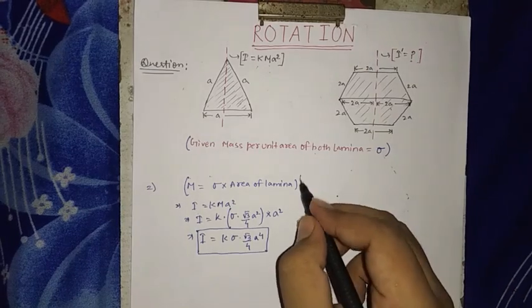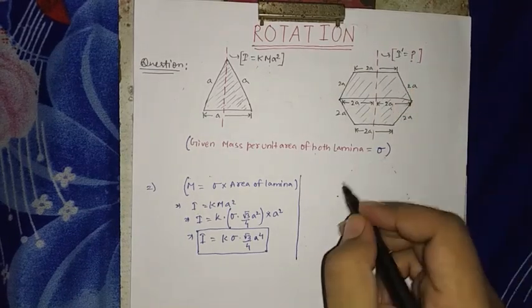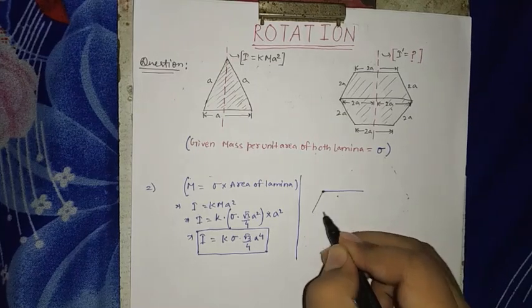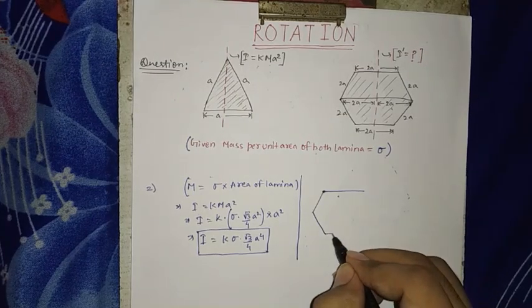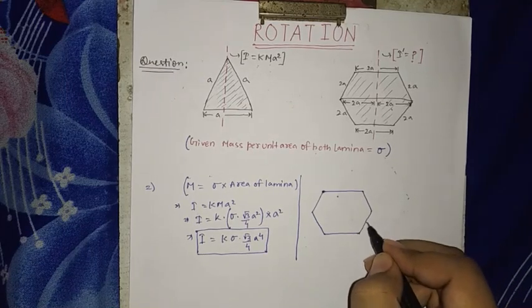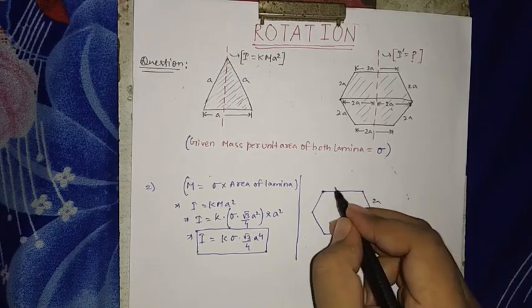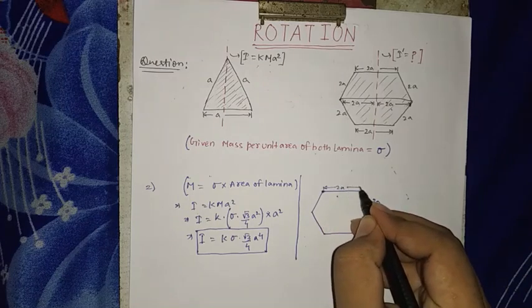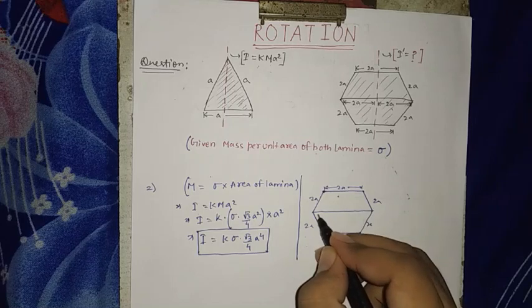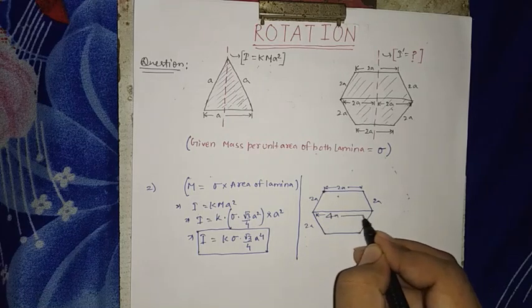Now I am taking this figure. So this is our figure. Side length 2a, 2a, 2a, 2a, 2a, and this is 4a, 2a plus 2a, 4a.